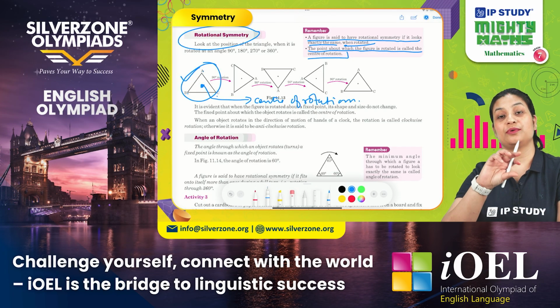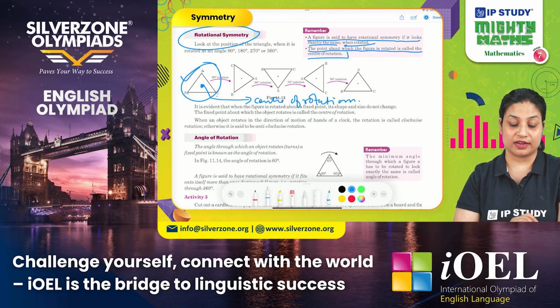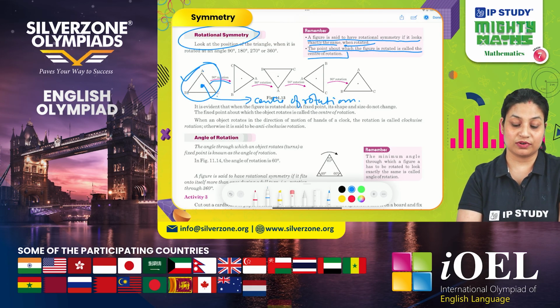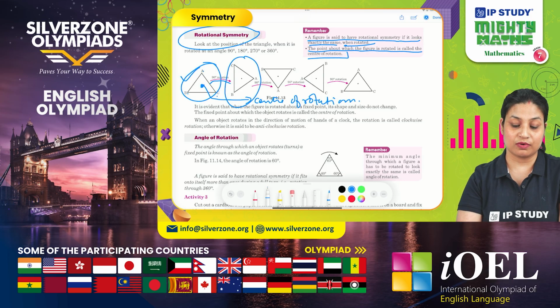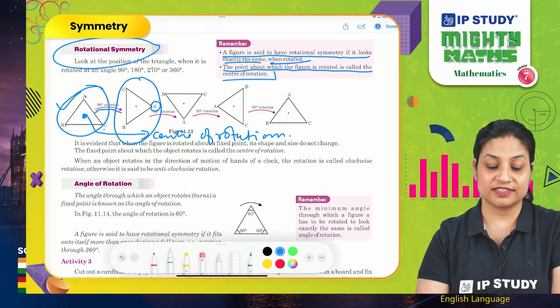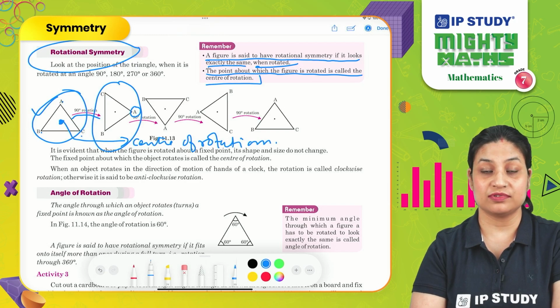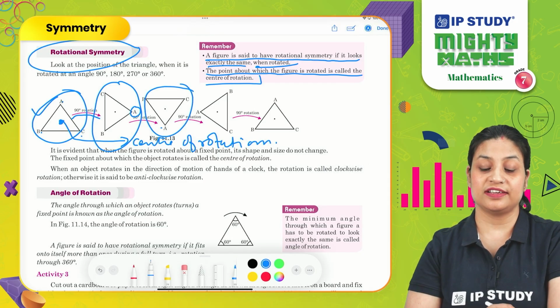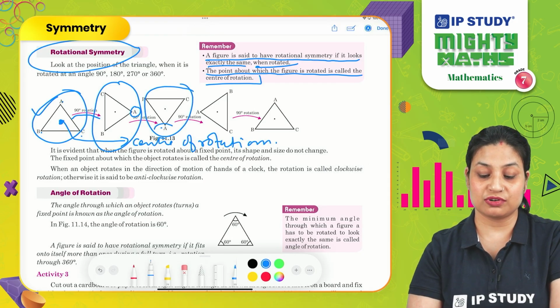Now I've started rotating this shape, this triangle. I've rotated first by 90 degree. It looked like this. The position of A now comes here, right? Now this triangle is not exactly the same as the triangle I was having, right? Now again I will rotate this triangle. When I rotate this triangle by 90 degree, again I can see the position of A is here.